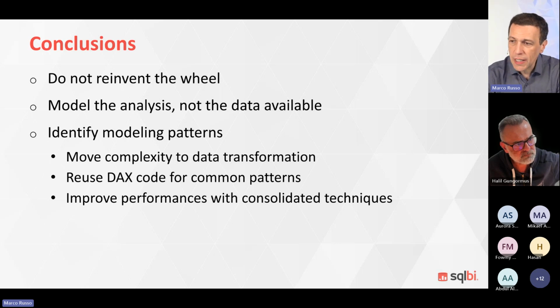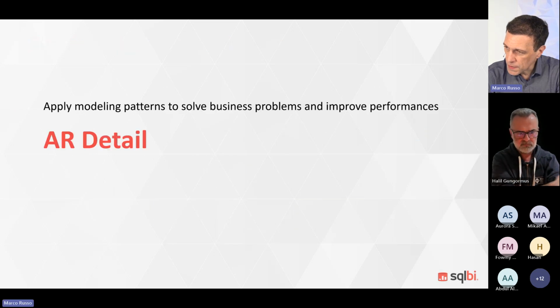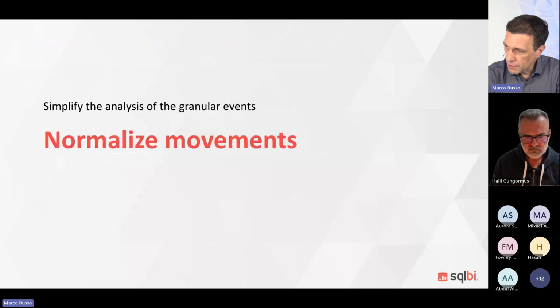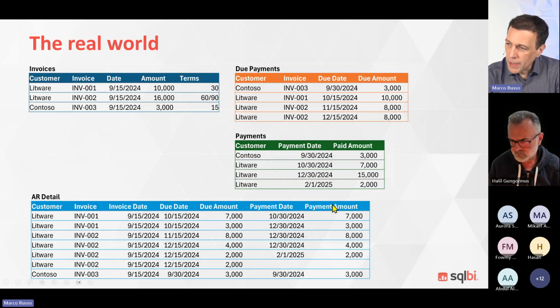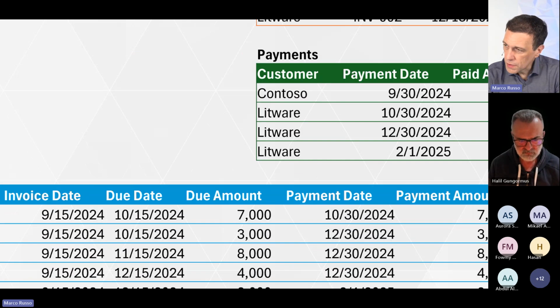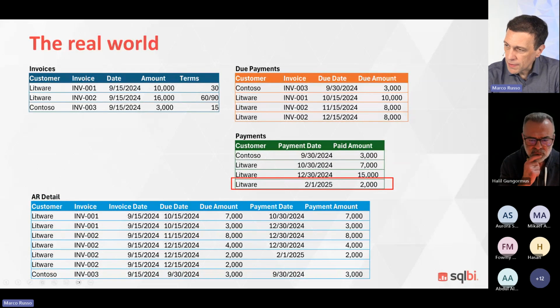I go back to the slide where we described this. I think it was at the very beginning, this one. So if you have a partial payment, let me do the math, like this one. Look at this. The last payment of Litver is 2,000.